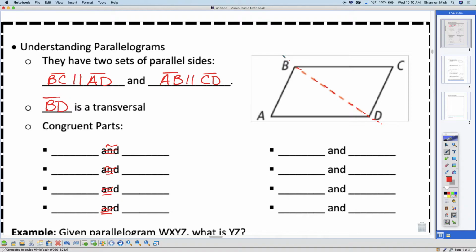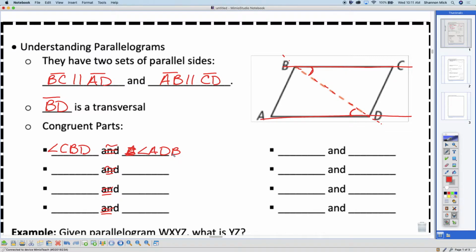So if this is a transversal, this line is parallel to this line. What do I know about this angle and that angle? Why are they congruent? They're alternate interior angles, correct? So angle CBD is congruent to angle ADB, because they're alternate interior angles.